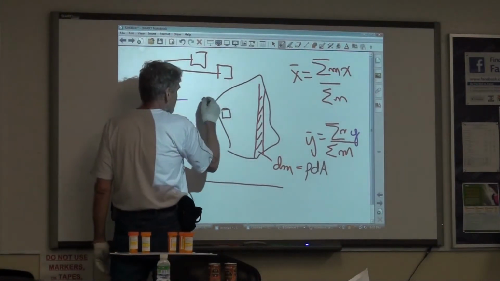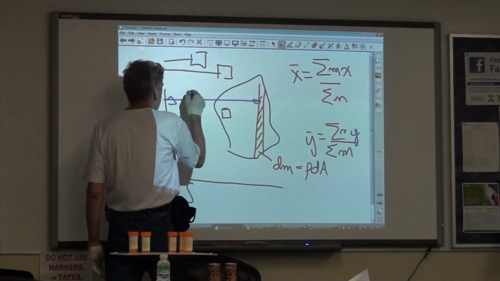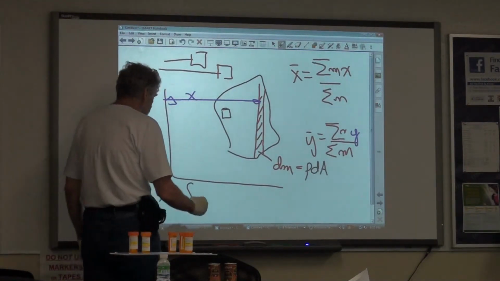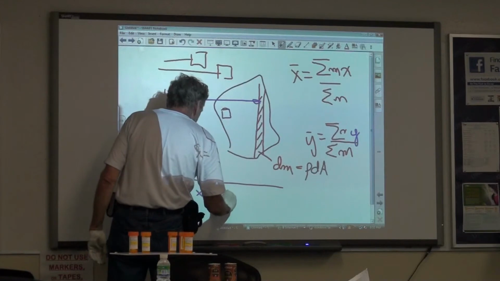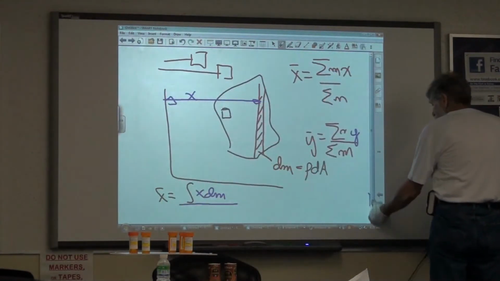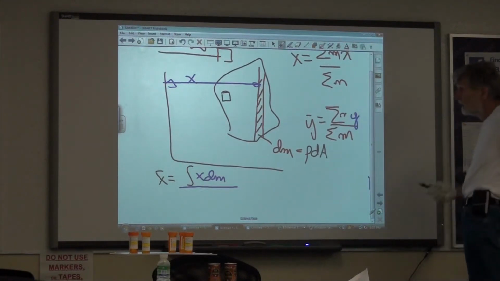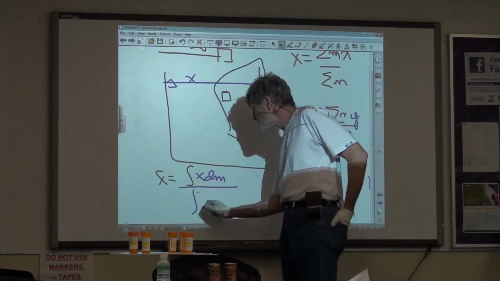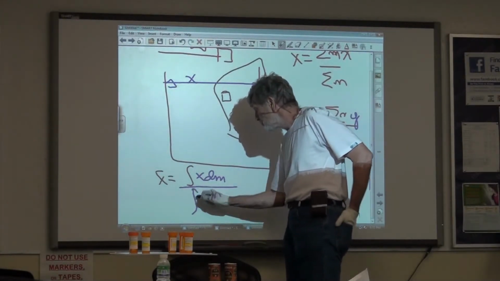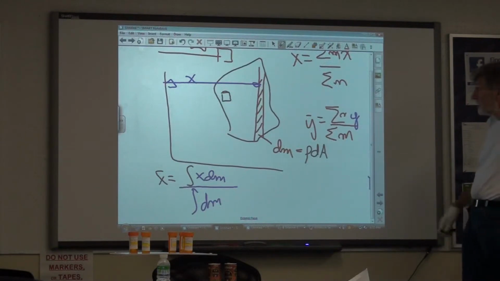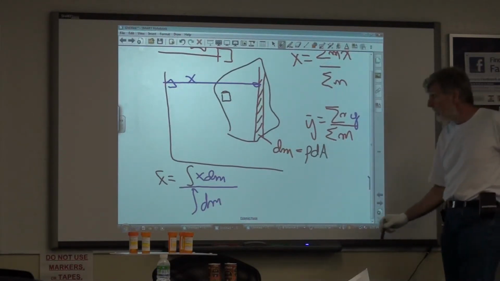So this strip is a distance x from the y-axis, true? So it has a moment x dm. And we have to divide by the sum of the masses, which in this case just becomes the integral of dm. So dm is given by rho dA.